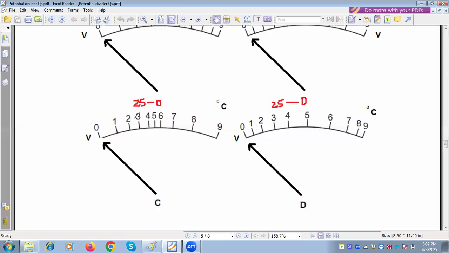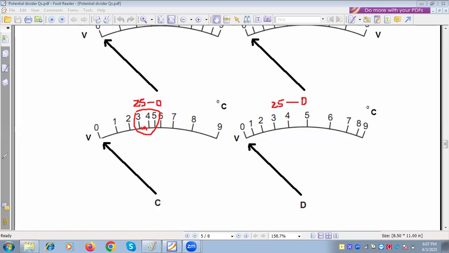So the divisions, it means the points, will be very close to each other. It means it will not be that sensitive to measure the minor changes in the temperature. Okay, a small portion of the graph is used and the graph is non-linear and it's not a straight line.